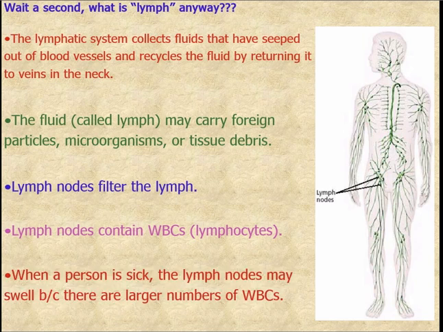Specifically, they contain lymphocytes. When a person is sick, the bacteria or virus might get sucked up by the lymph and then identified by the white blood cells that are in the lymph glands. They begin to multiply, and that causes the lymph glands to start swelling. So when an individual is ill, the doctors check the lymph glands to get a sense of how hard the body is fighting off the illness.